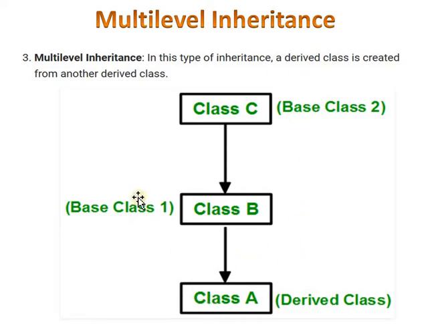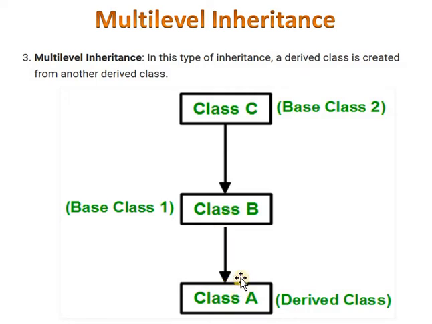Observe this diagram. In this diagram, the class B is derived from the class C. And again, the class A is derived from the class B. That means a derived class is created from another derived class. We call this type of inheritance multi-level inheritance because it contains multiple levels within it.